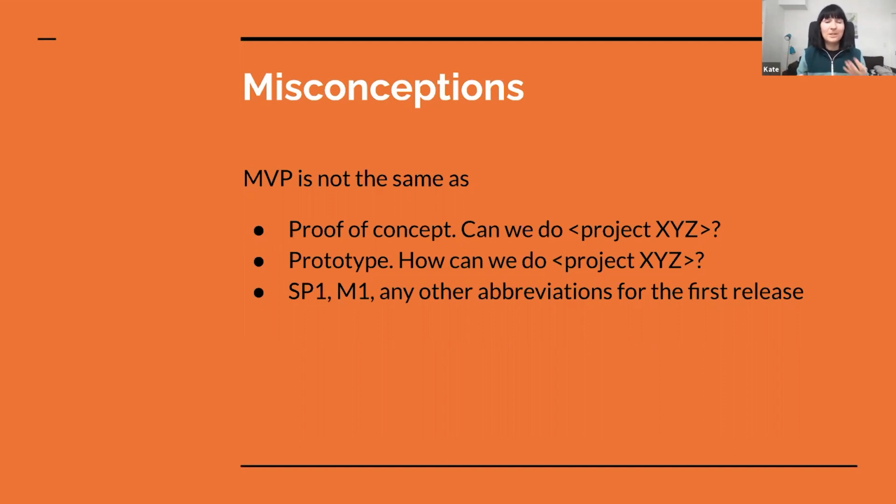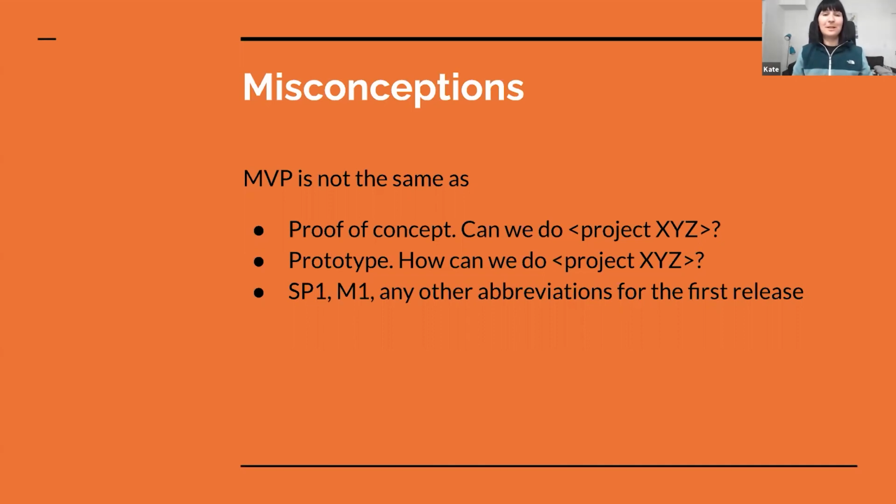It's also very similar to the MVP approach, where you gather feedback, and that can be one of the steps in this cycle, which we looked at. And so the last bullet point on the slide is just a bunch of abbreviations: SP1, M1, R1, any other abbreviations that stand for the first release.